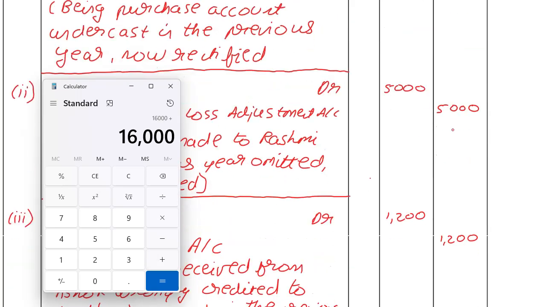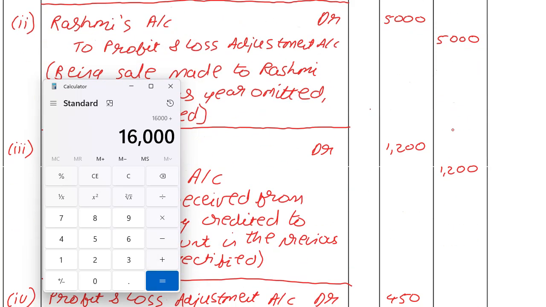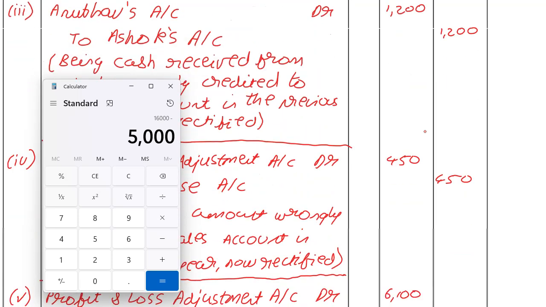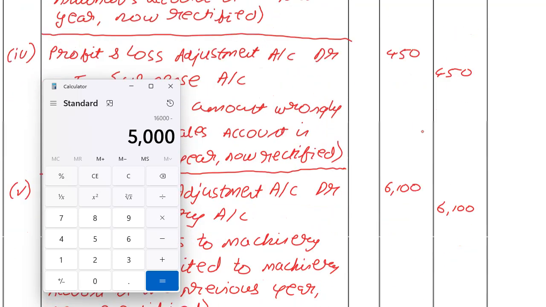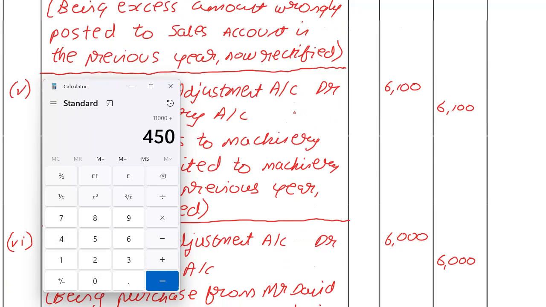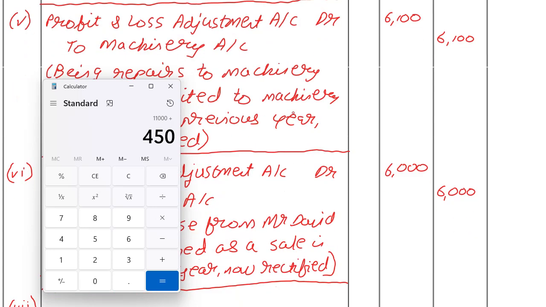Plus the next transaction, I have P&L adjustment account credit, so I will subtract 5,000. Next, we have no P&L adjustment account in transaction 3, a debit in transaction 4, so plus 450. The next one has a debit of 6,100, so plus 6,100.